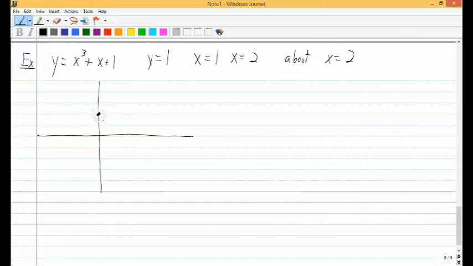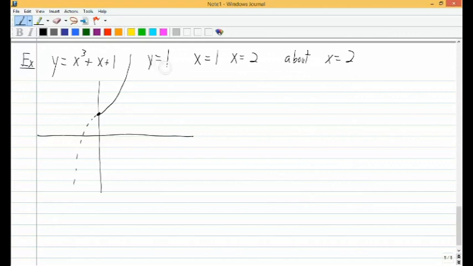If x goes up by 1, that's going to be a bigger number. If x goes up to 2, that's going to be a bigger number. So it's never going to cross the x-axis over here. It's just going to get bigger and bigger and bigger. It's not going to be a U-shaped graph. I'm just going to give a rough guess here. It probably goes down something like that. But you don't need that side, so it really doesn't matter. You just need the right side because of these other equations.